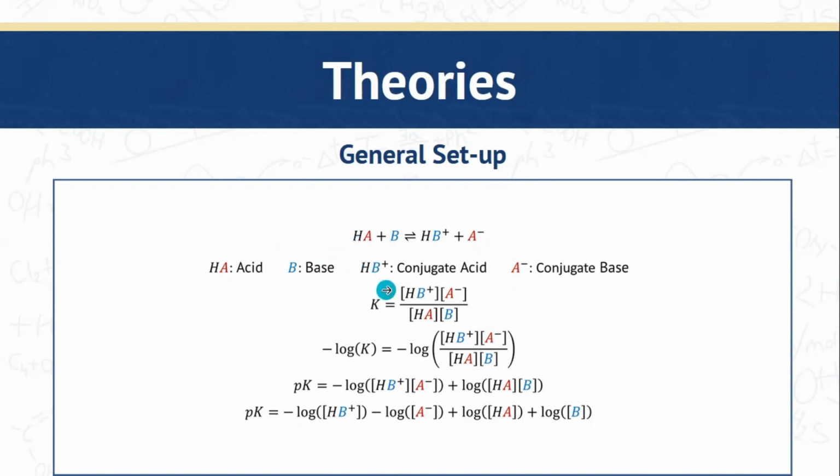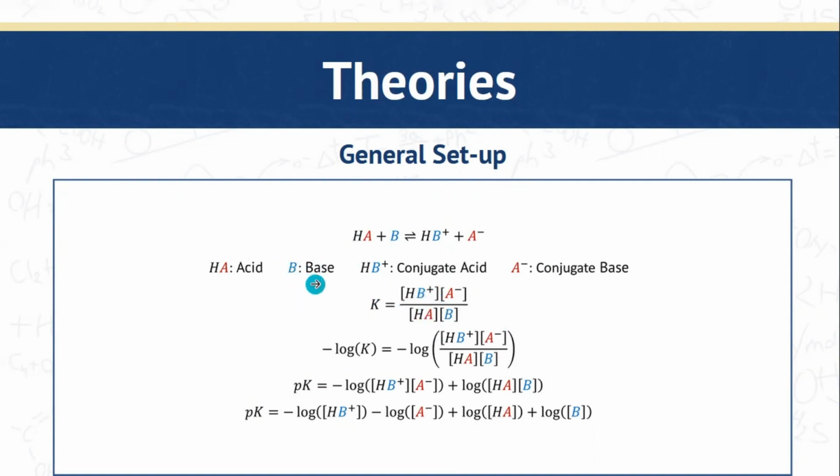For this Henderson-Hasselbalch derivation, we shall consider the use of the dissociation constant, K. The dissociation constant is equal to the concentrations of the product side. So we multiply the concentration of the conjugate acid and the conjugate base, and we divide it by the reactants, that's the concentration of the acid times the concentration of the base.